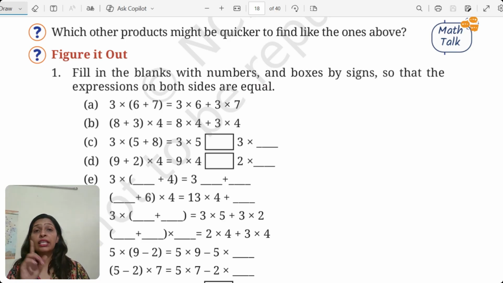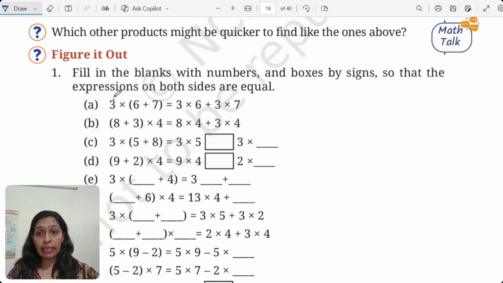Now I want every one of you to be attentive here, because this is a major problem we come across when opening brackets. Whenever there is a number outside the bracket and we have to open the bracket, this 3 is going to first multiply by 6, and the sign is plus, so plus has come, and this 3 will also go to 7.